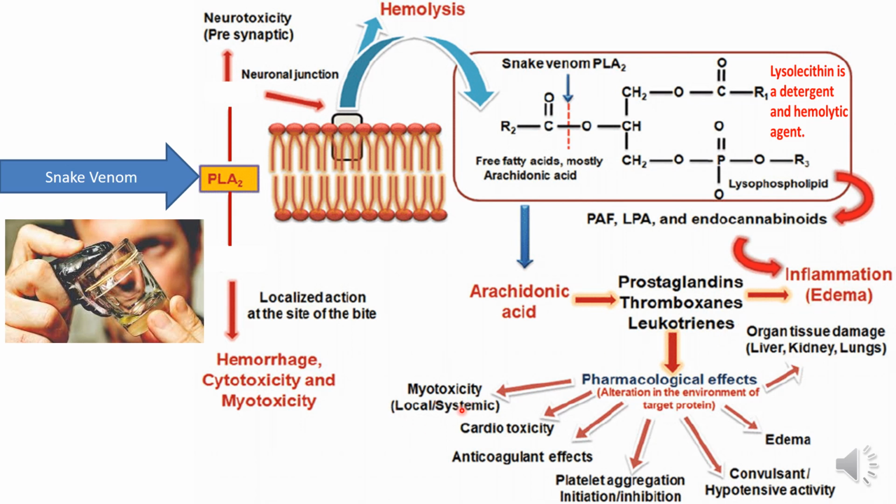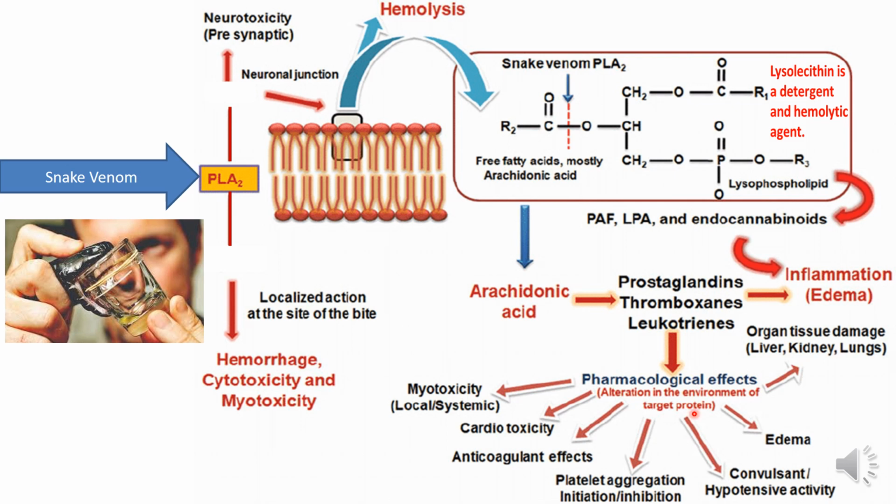They cause myotoxicity, cardiotoxicity, anticoagulant effects, platelet aggregation, initiation of convulsive effects and edema. So these are the various effects of snake venom depending upon the species of the snake.